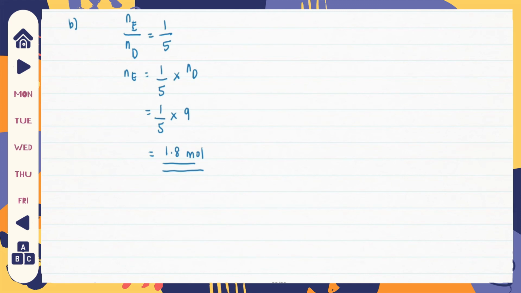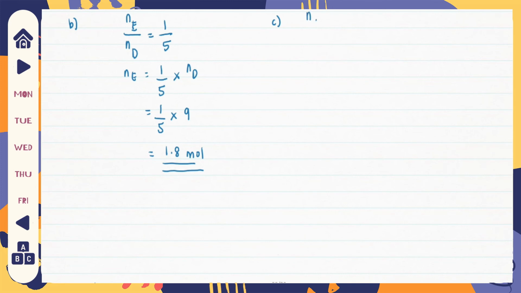Okay, C. How many mole of excess reactant are left after the reaction is complete? To completely react with 9 mole of D, how many mole of A are needed? So kita cari dululah.